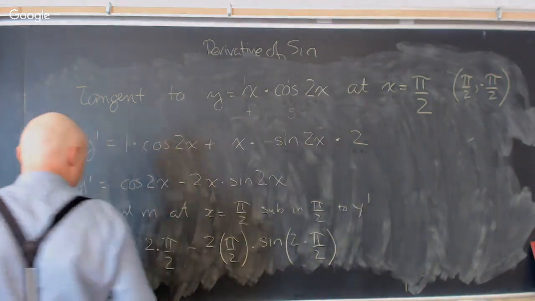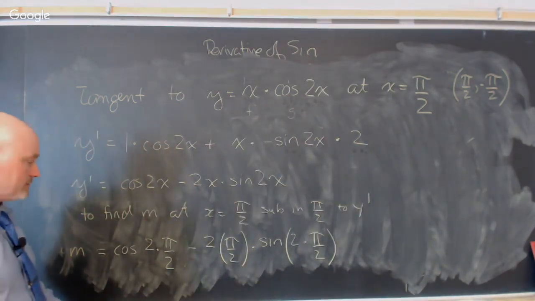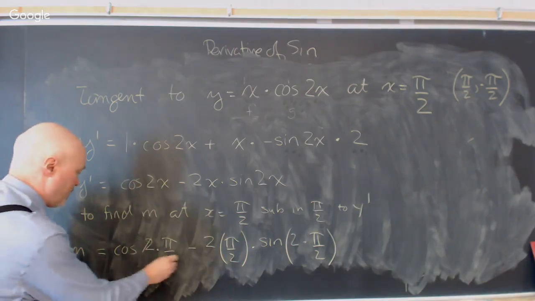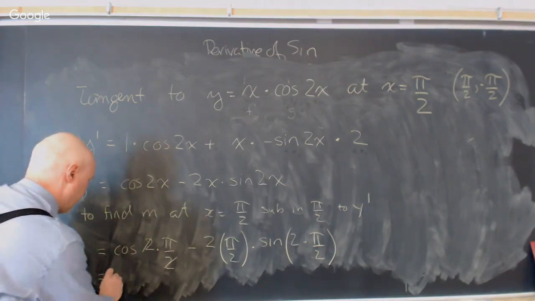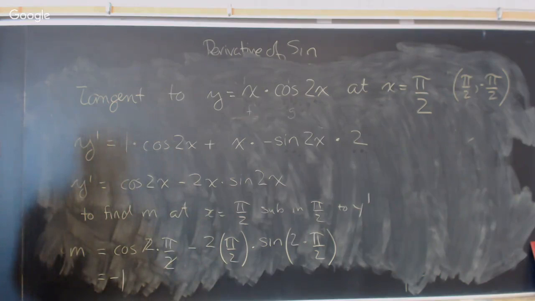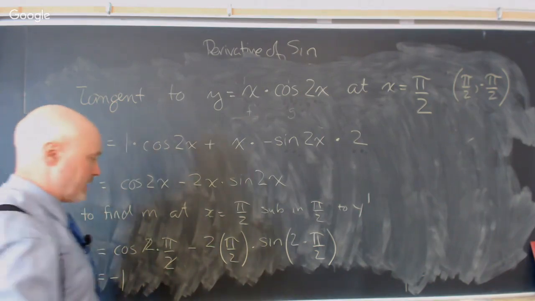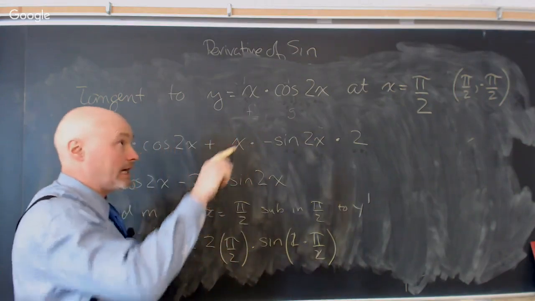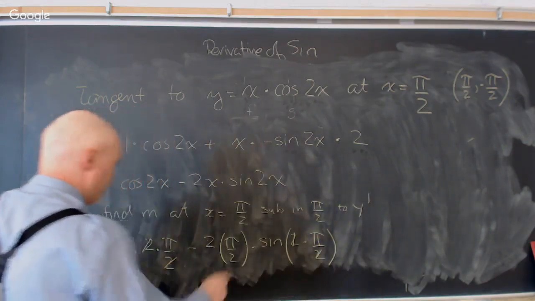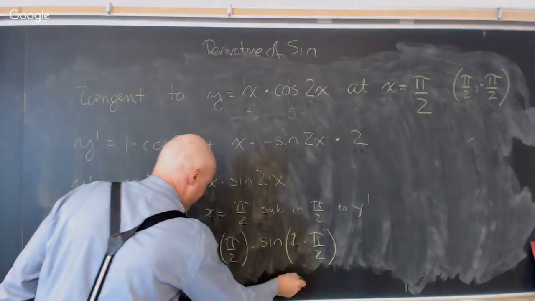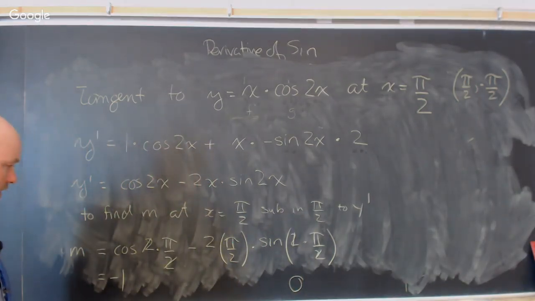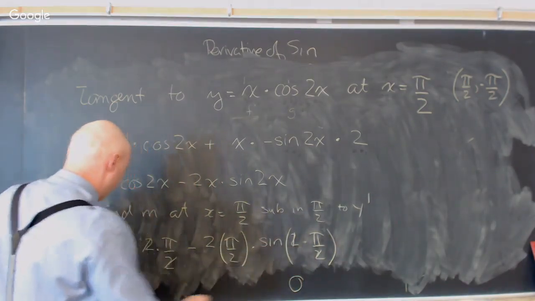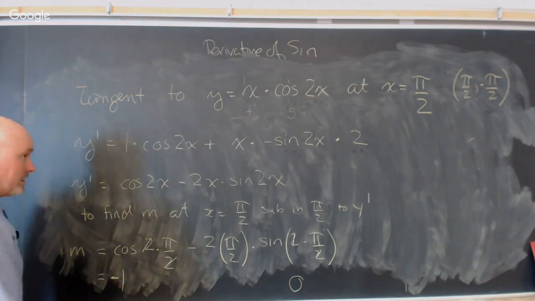That's a lot of pi. All right, those cancel. Cosine of pi, negative 1. Over here, those cancel. Sine of pi is 0. So that turns into a 0, at which point I immediately stop caring about the rest of the expression. So my slope is negative 1.